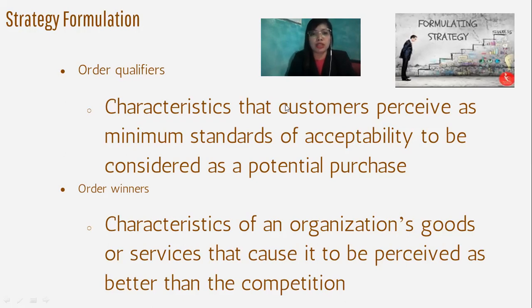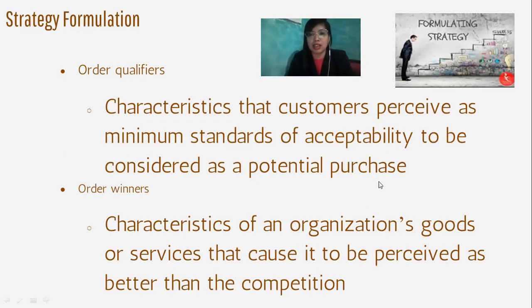So when you formulate your strategy, it is very important to describe the position of your strategy, whether it is for order qualifiers or for order winners. Again, for the order qualifiers, these are the characteristics that the customer perceives as minimum standards of acceptability in order for you to be considered as a potential purchase.